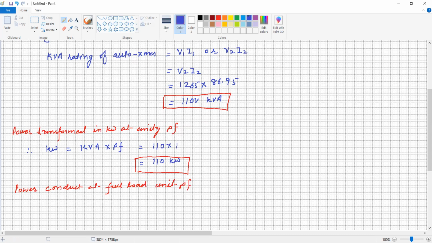So power conducted is equal to, by two way, it is the kVA of auto transformer minus kVA transformer.